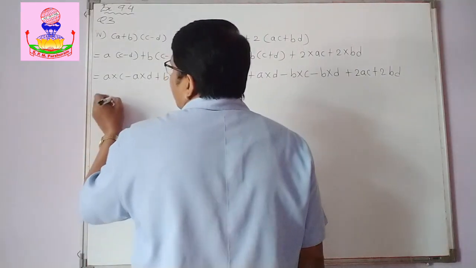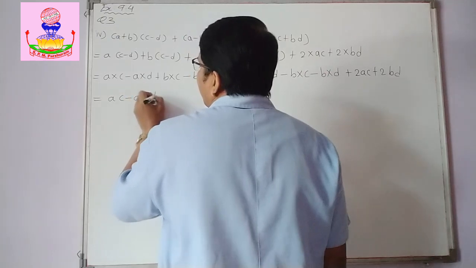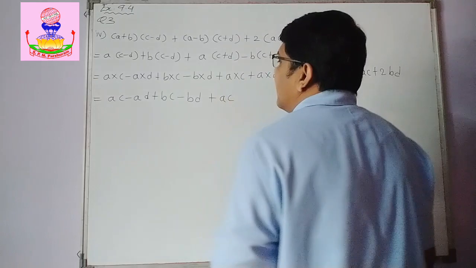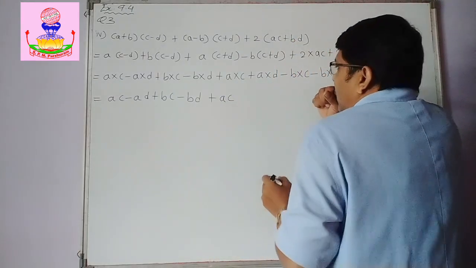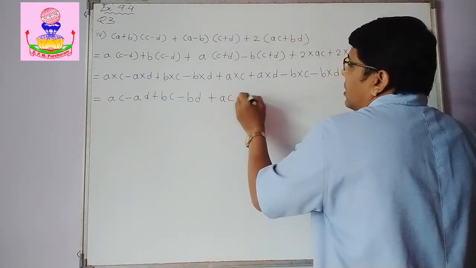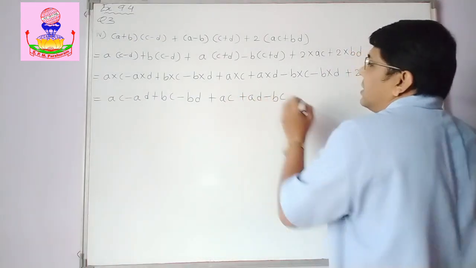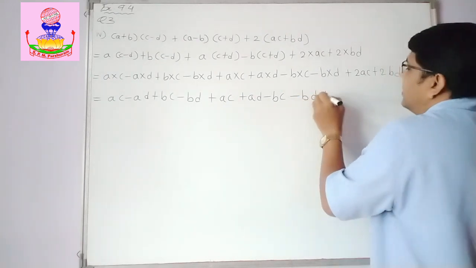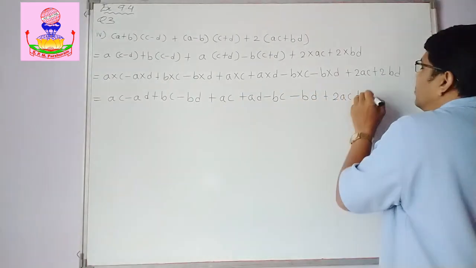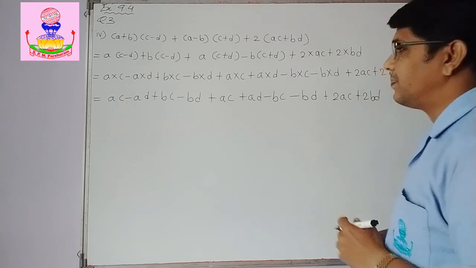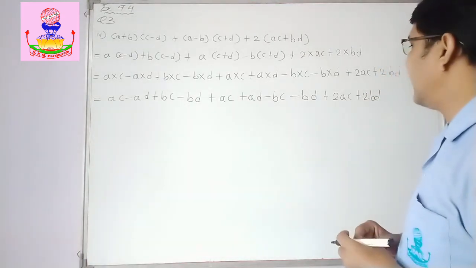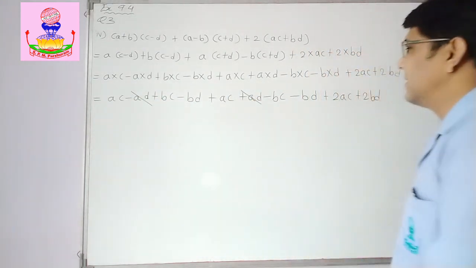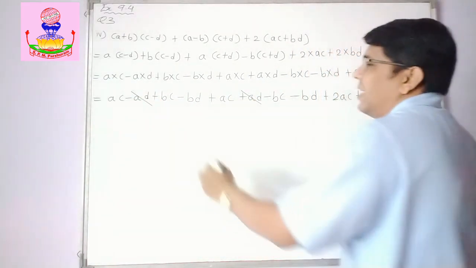Okay, this becomes plus 2AC plus 2BD. Okay, now here this will become AC minus AD plus BC minus BD plus AC plus AD minus BC minus BD plus 2AC plus 2BD. Okay. Now are there any cancelable terms? See here, minus AD plus AD cancelled. Okay.